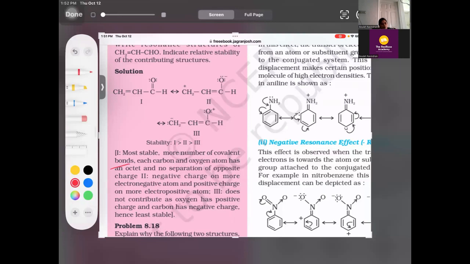Each carbon and oxygen atom has an octet and there is no separation of opposite charges. The first structure has more covalent bonds.